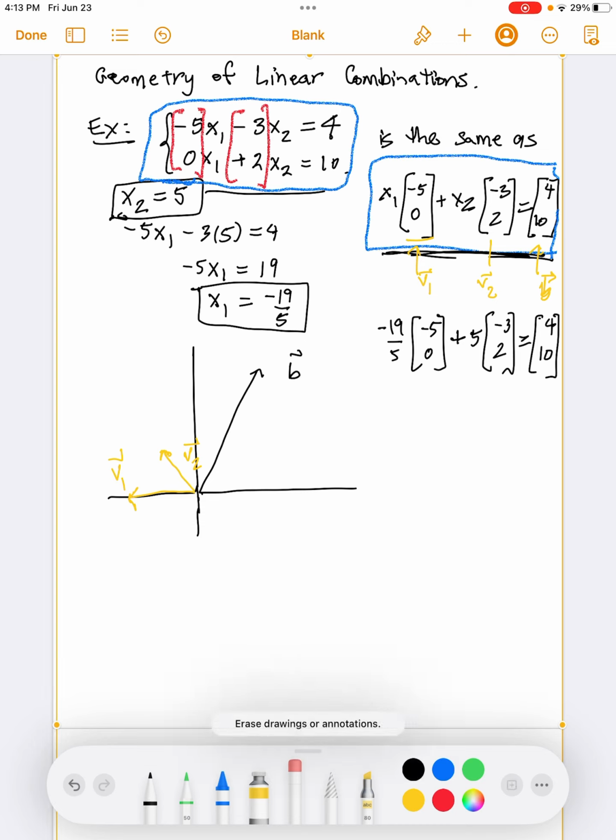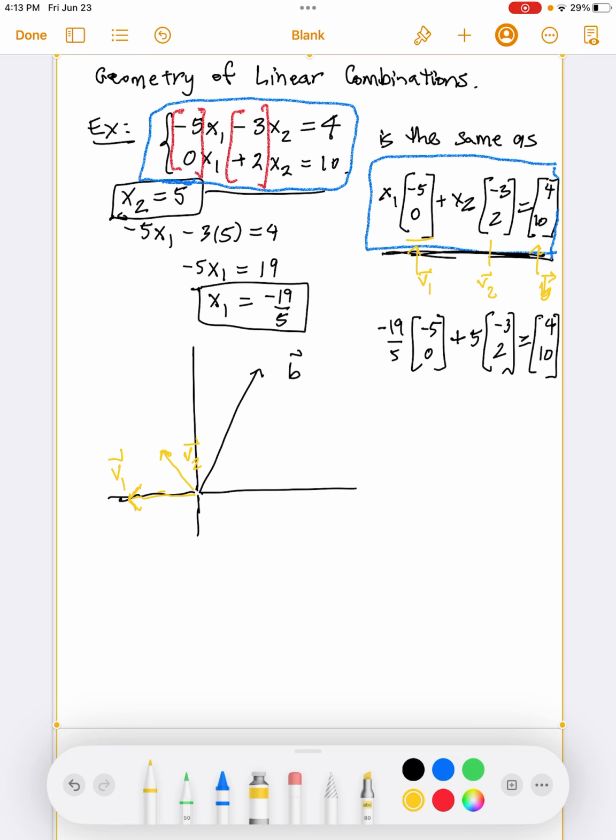So if you take this vector v1 and then do negative 19 over 5 of that, so that's almost negative 4. The negative is going to move v1 in the opposite direction, right?